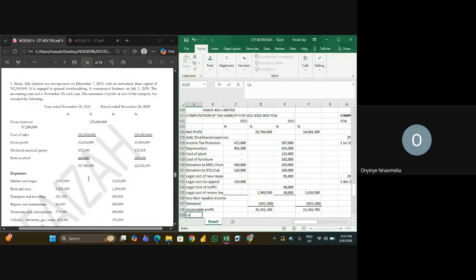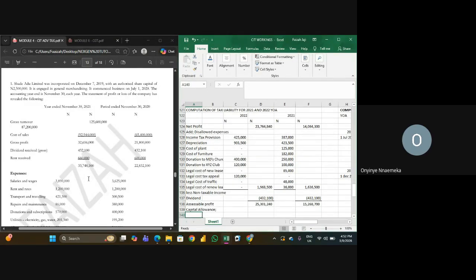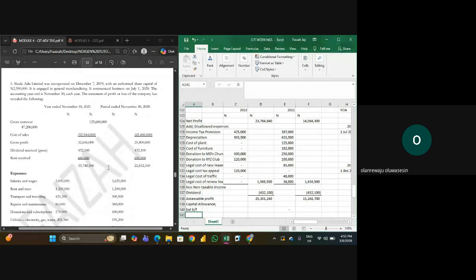So we have capital allowance. Ma, please, can you recap what you said? You said it is our adjusted profit, but because there is no loss relief, adjusted profit; when you less loss relief, assessable profit; when you less capital allowance, chargeable profits.